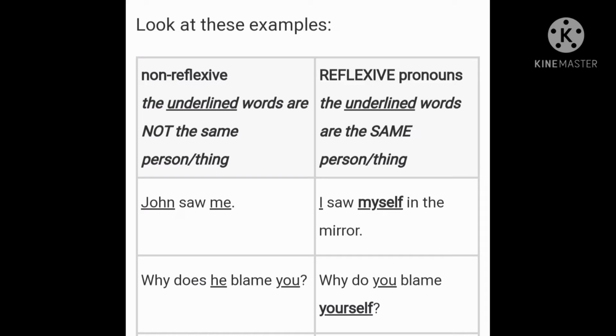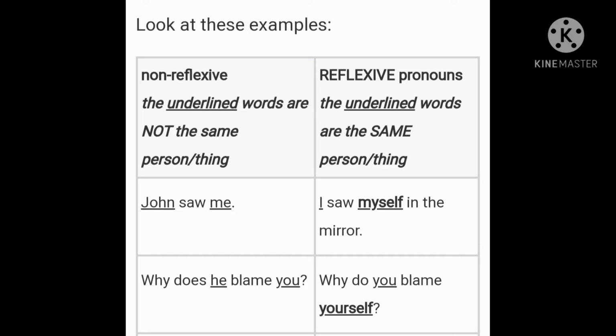subject and saw is the verb. Now, if I ask the verb a question with whom, I saw whom, I saw myself. Hence, myself becomes an object and becomes a reflexive pronoun. I saw myself in the mirror. That means a reflection of mine. Is it clear, students?